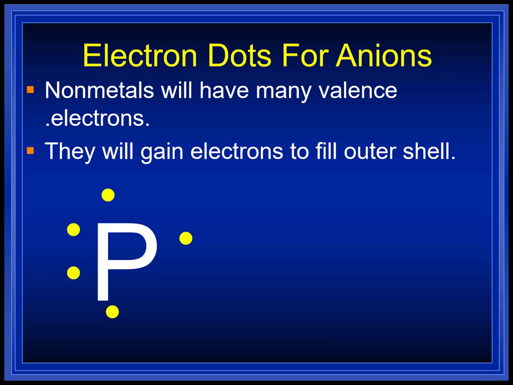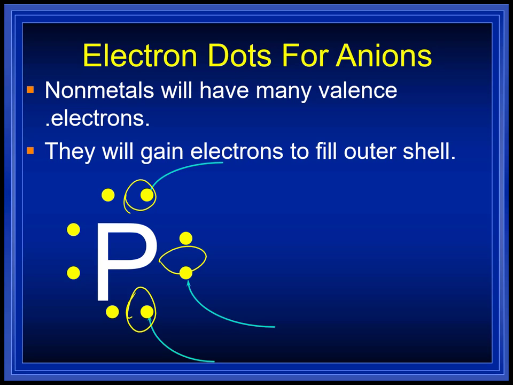And it's going to gain enough electrons to fill that outer shell. So not only can you see that there's 5 dots, you can see that there are 3 holes that need to be filled. I'm missing one here, here, and here. So to make this look like a noble gas, I'd have to add 1, 2, 3 electrons. Makes sense? Because then it's got 3s2, 3p6, 8 valence electrons, noble gas configuration.